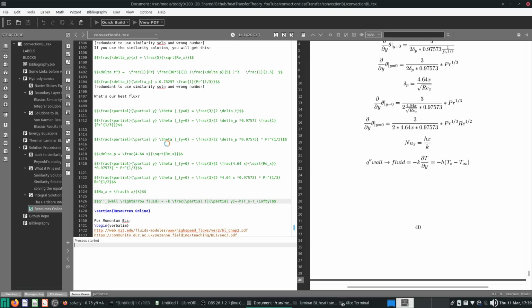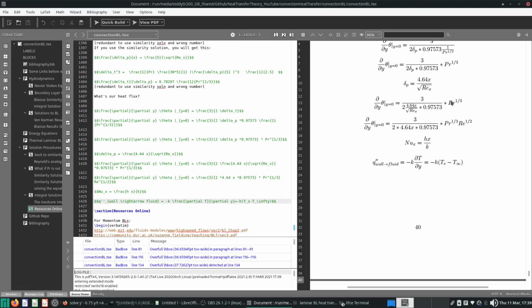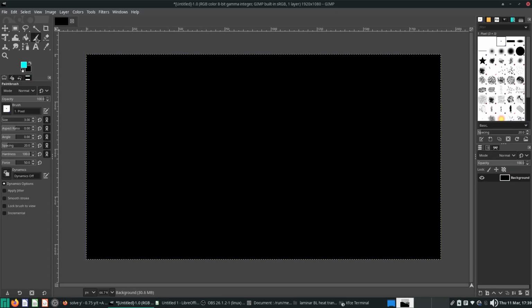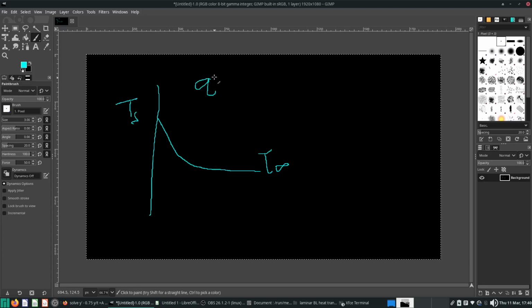So heat flux. Let's do a temperature profile. Let's say this is Ts, this is T infinity, and heat flux wall to fluid is equal to minus k partial T partial y.